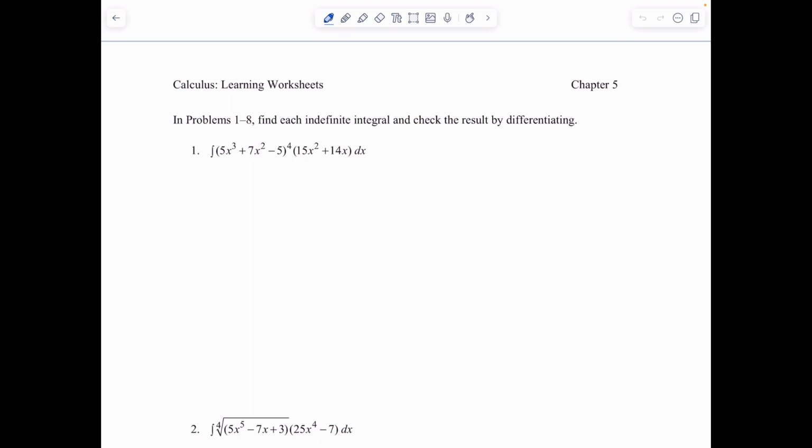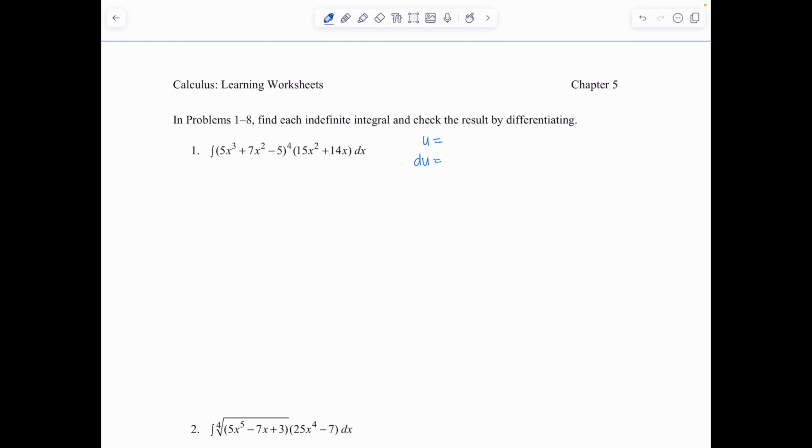Let's start by defining what we want u to be and du. So remember, du is going to be the derivative of u. If you see something that could be u and something that can be the derivative of it, that's going to work best in your favor.